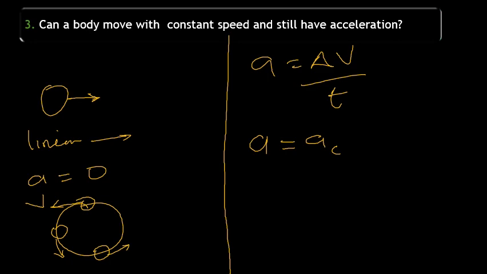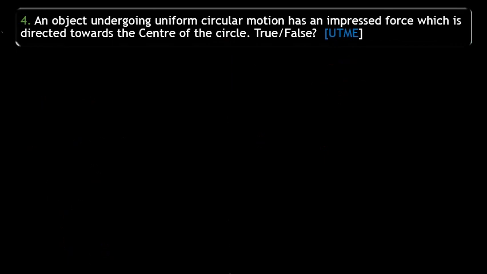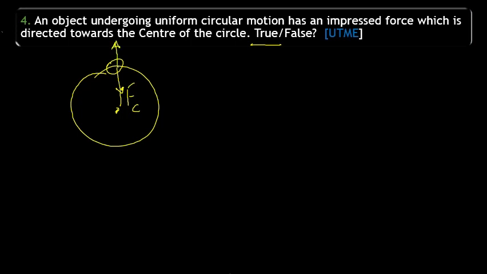Alright, so an object undergoing uniform circular motion has an impressed force which is directed towards the center of the circle. True or false? The answer is true. Why is it true? It's true because every object moving around a circular path, of course, has an inward force acting on it. That inward force is centripetal force. But I need you to also remember that action and reaction are equal but opposite.